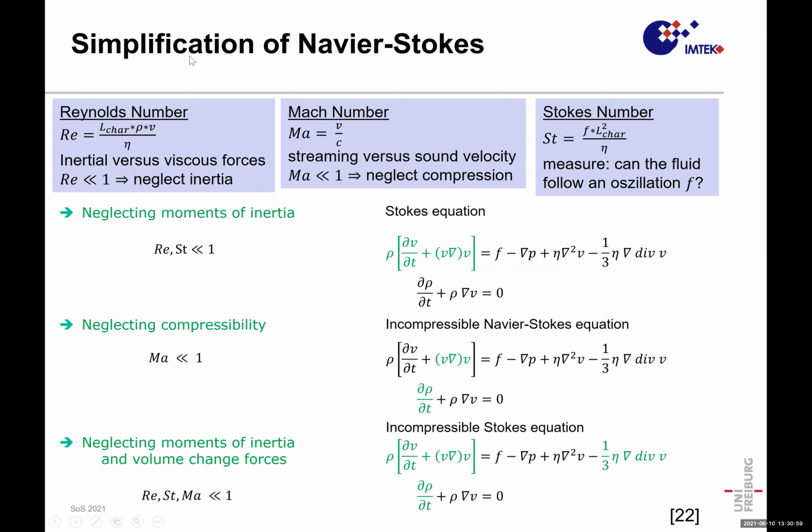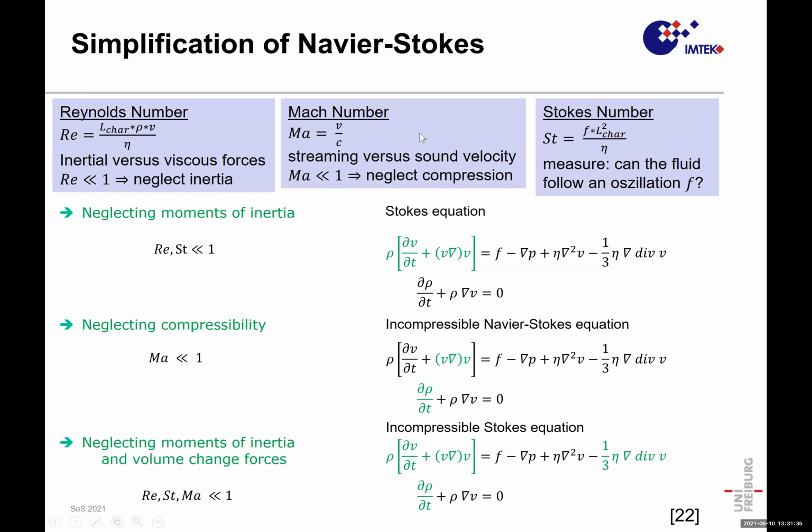For example, if we start with the Reynolds number, this is characterizing a specific length, which can be a characteristic length like the length of a boat or anything else, its velocity, and with respect to the viscosity that it is floating in. And this in air is different than in liquids, of course. And whenever this Reynolds number is much smaller than 1, then we don't have these accelerated situations. We can neglect inertia. So this can help simplifying.